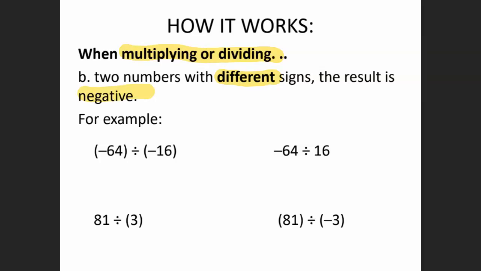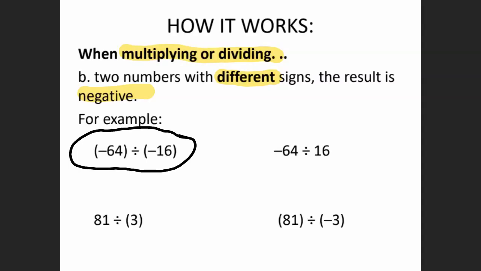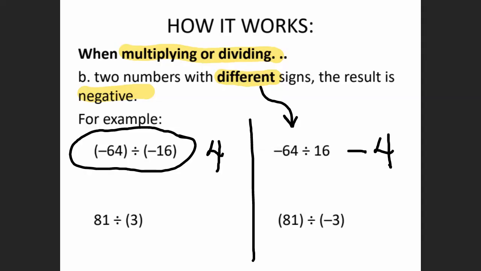Now, I threw this one in right here. -64 and -16 are the same sign, which means I'm going to get a positive answer. Same sign. This is the column that has different signs. -64 divided by 16 is going to give me a -4.